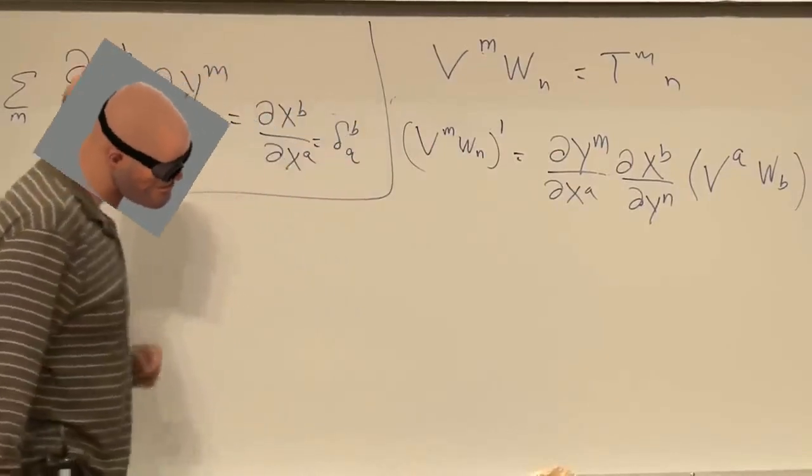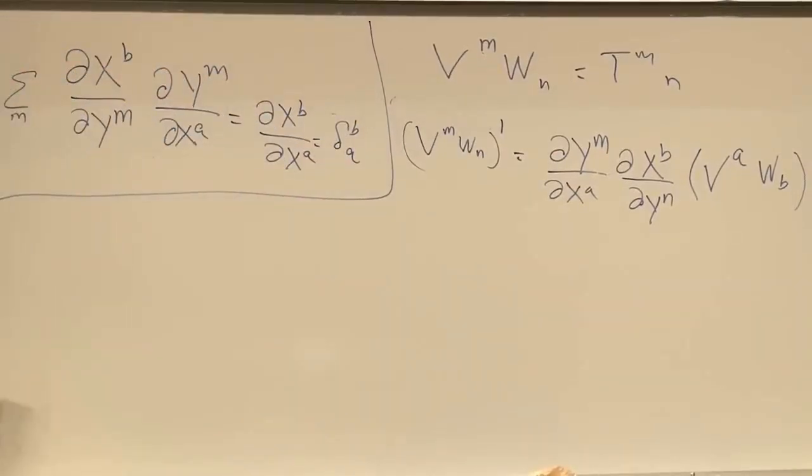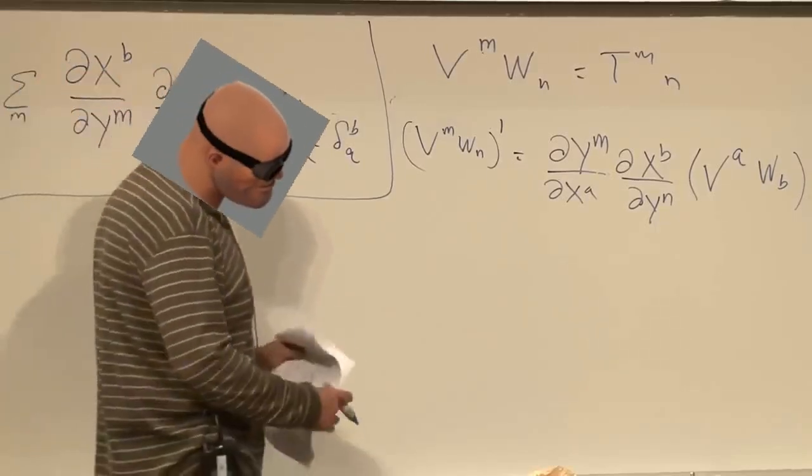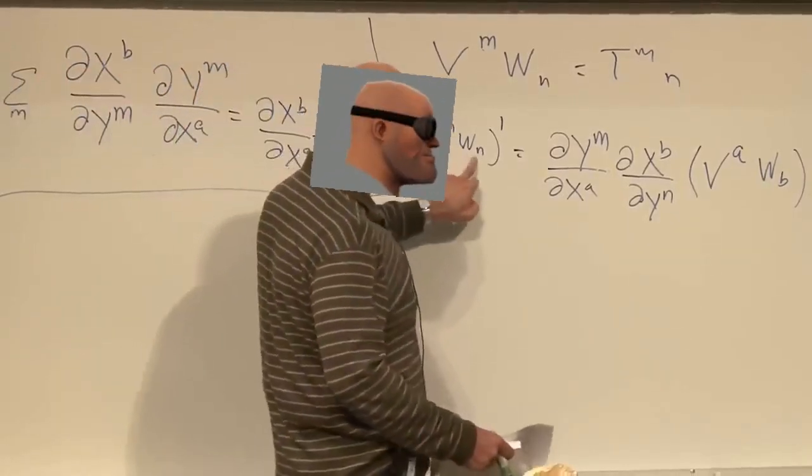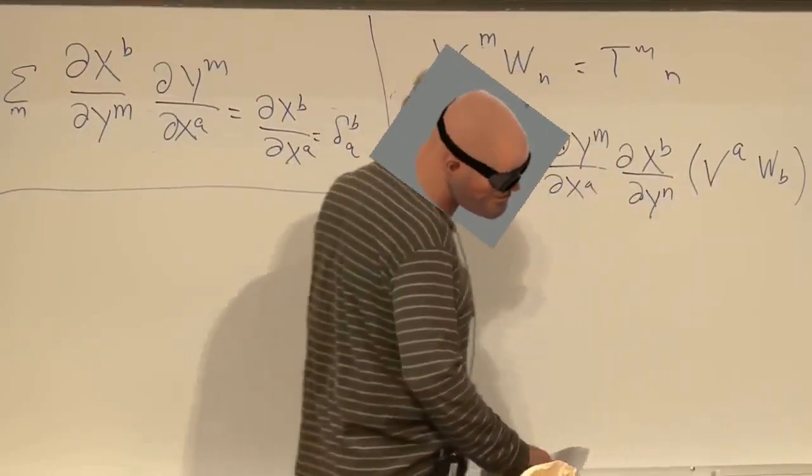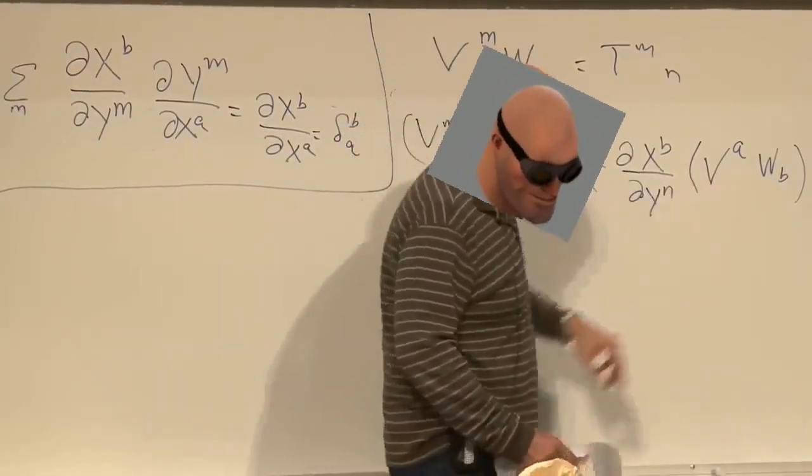This is the transformation property of the rank 2 tensor with one index upstairs and one index downstairs, the primed version of it and the unprimed version of it.